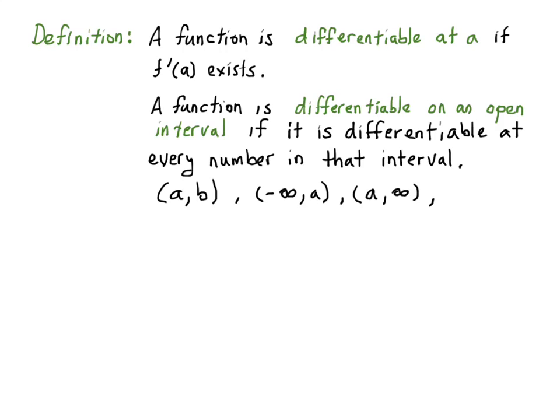Okay, so that interval may take the form of some number between two values, like we can say this is differentiable from 1 to 2, or you can say it's differentiable for x less than 2 or greater than 2, or you can say it's differentiable over all real numbers.